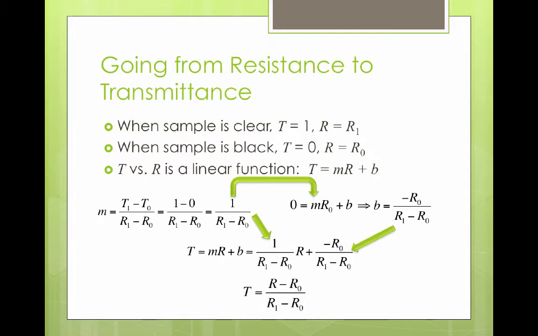We get a final equation: transmittance is equal to resistance minus R0 over R1 minus R0. This is the equation that we're going to use to calculate any transmittance from a resistance that we measure from our spectrophotometer.